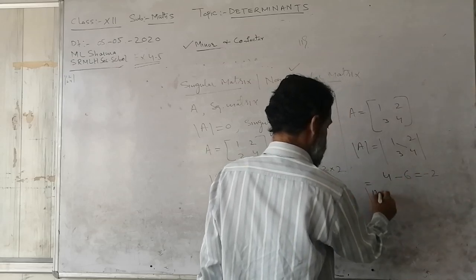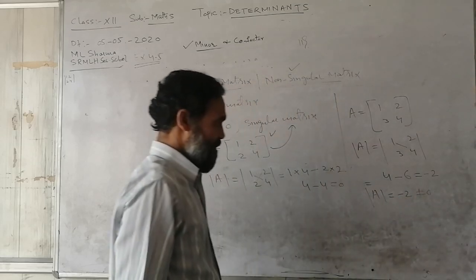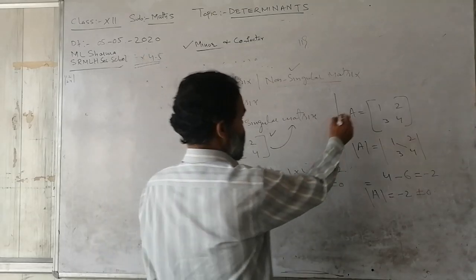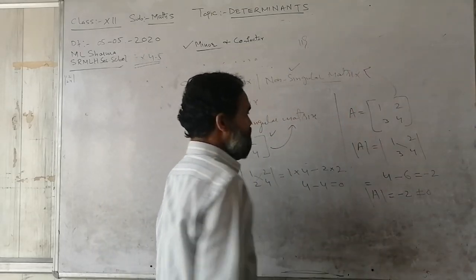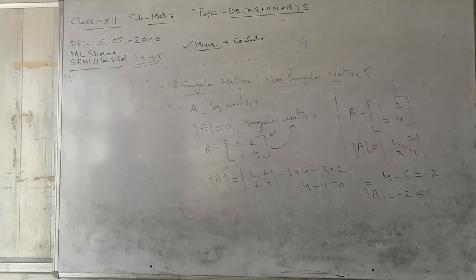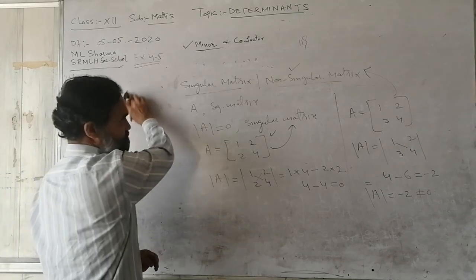So determinant A equals minus 2, and this is not equal to 0. So this is the case of a non-singular matrix. The importance of singular and non-singular lies in solving the questions.